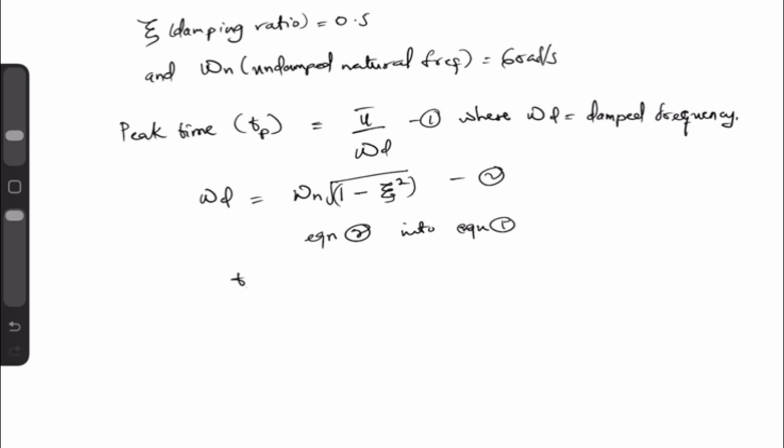So we can have T_P equal to pi on omega n square root of 1 minus zeta squared. So now we can do our substitutions. We have pi, we have omega n to be 6 rad per second, multiplying the square root of 1 minus the damping ratio squared, which is 0.5 squared.